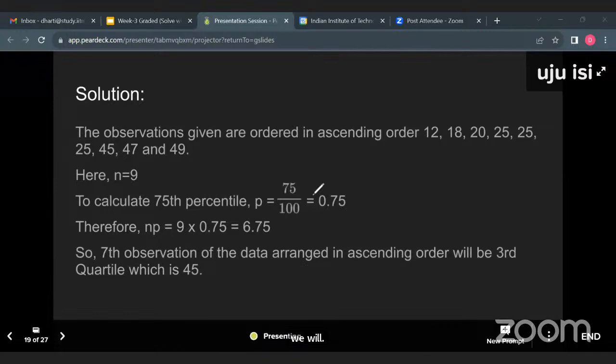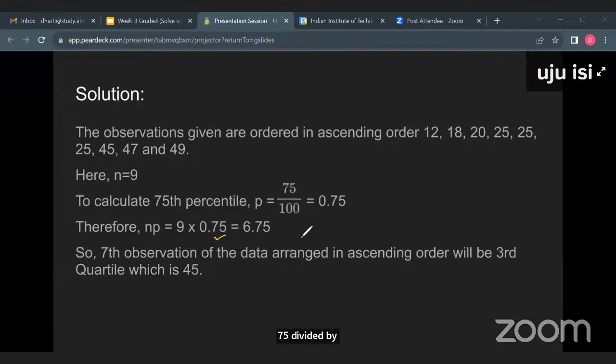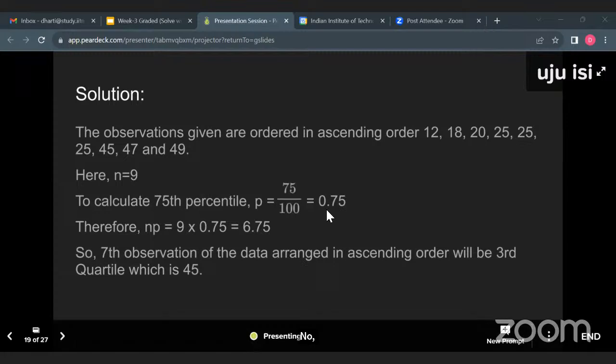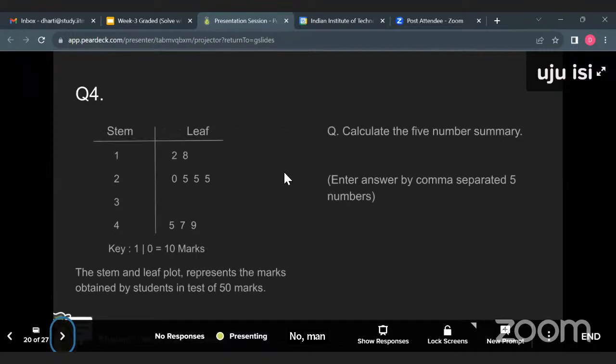We multiply 9 with 0.75, and the multiplication gives 6.75. That means the nearest right integer is 7. So the 7th observation is our third quartile. Is there any doubt? No, ma'am. We'll move to the next question.